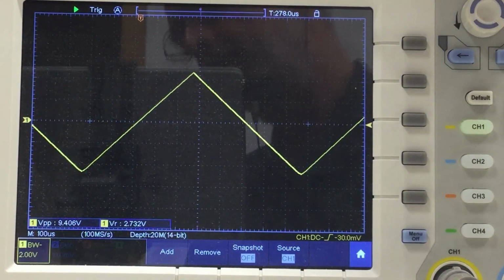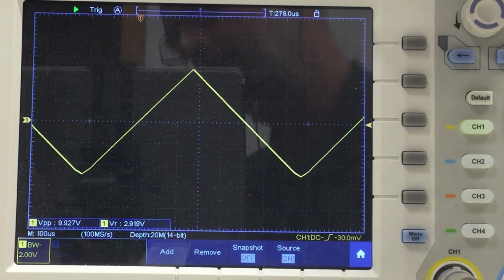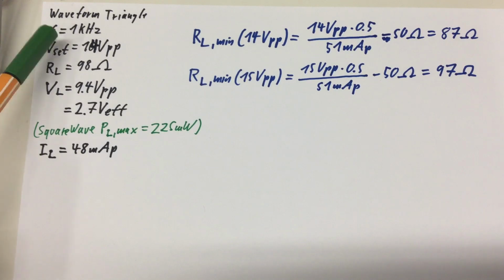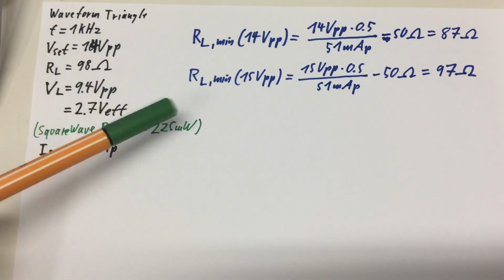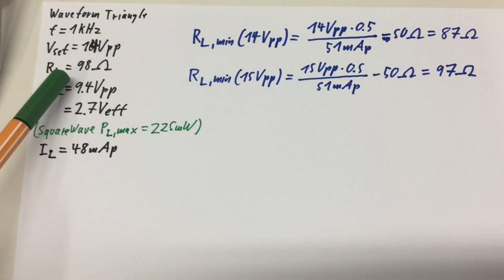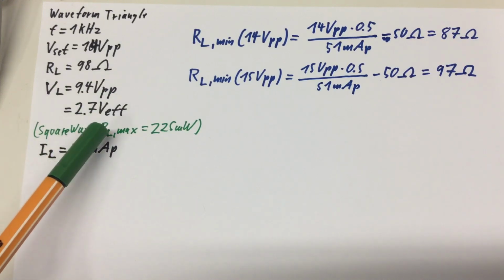So 14 volts, okay, 15 volts. We measured a triangle waveform at 1 kilohertz, and the highest we could achieve without distortion of the signal was 14 volts peak to peak with a load resistance of 98 ohms.